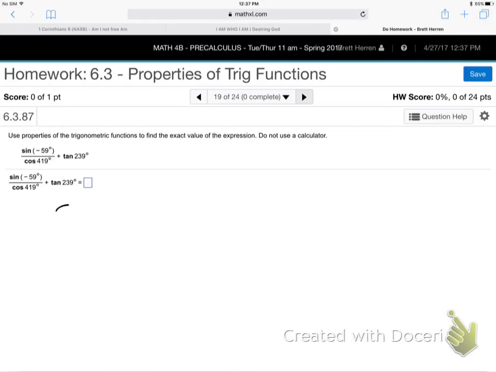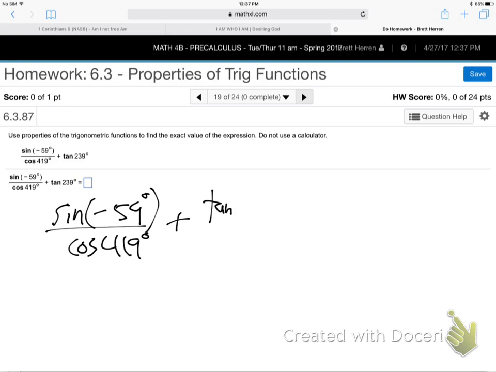All right, so sine of negative 59 over cosine of 419 plus tangent of 239. First thing to do, what do we do with that negative plugged into a sine function? Is it going to vanish or come to the front?